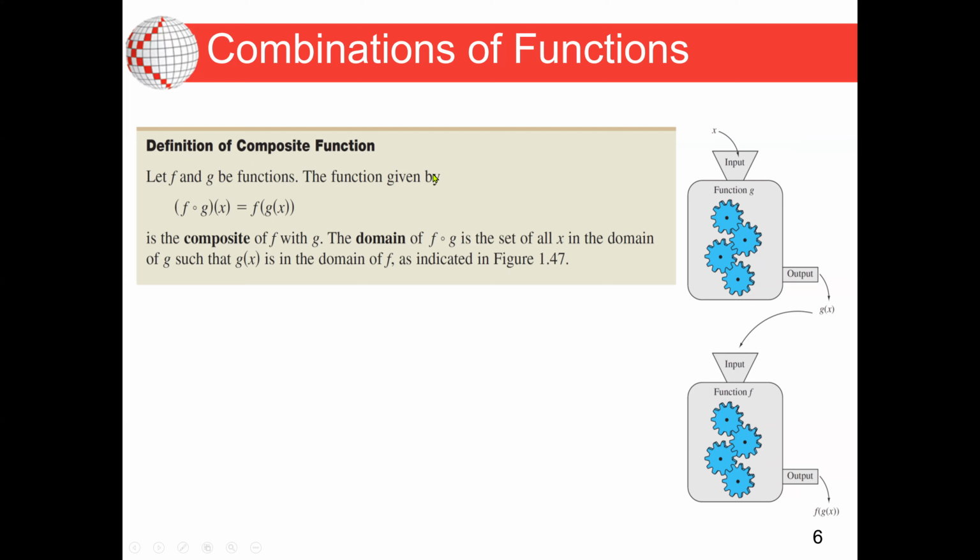The function given by f composite g of x is f of g of x, because g will be our inner function for f. Now g composite f means g will be the outer function and f will be the inner function. So here we say that is the composite of f with g, f composite with g of x.